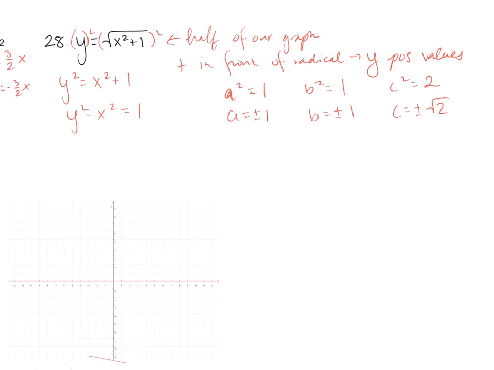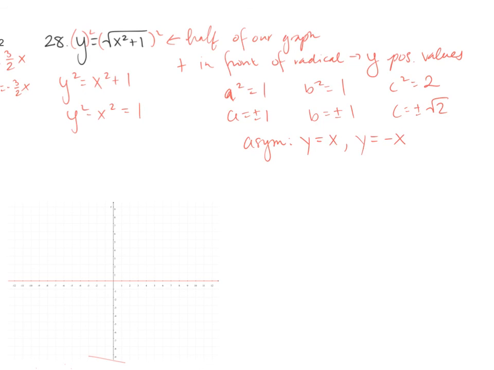And then we need to figure out our asymptotes. So our asymptotes are going to be y equals a over b, which is just 1, and y equals negative a over b, so negative 1. And then we graph what we have. Since the y squared term came first, this is going to be a y-axis hyperbola, right?